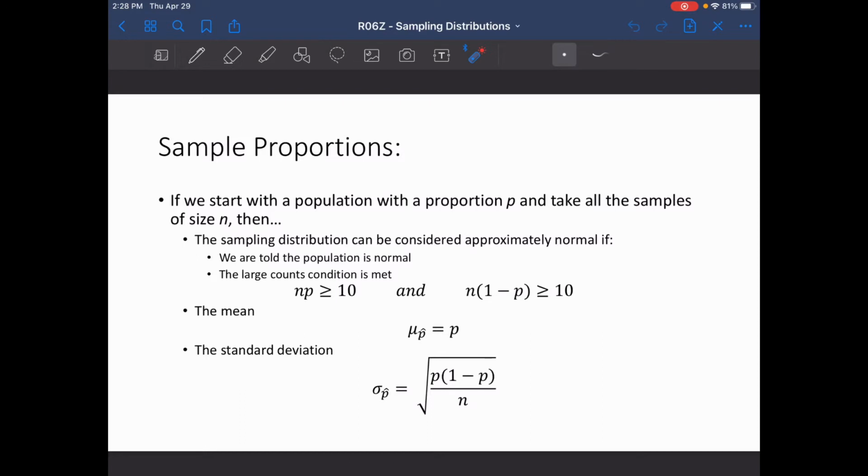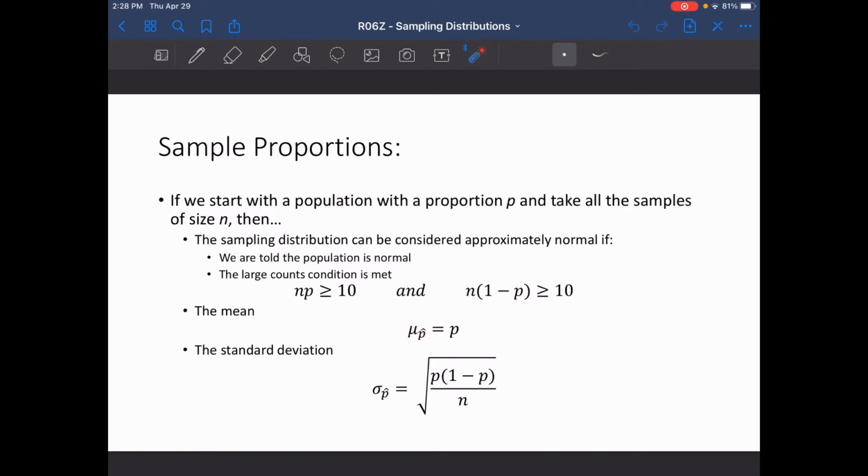So if we start with a population with a proportion P and take all the samples of size N, then the sampling distribution can be considered approximately normal if we are told that the population is normal or the large counts condition is met, where the total number in the sample times the proportion for success is greater than 10, and the total number in the sample times the proportion for failure is greater than 10 as well.